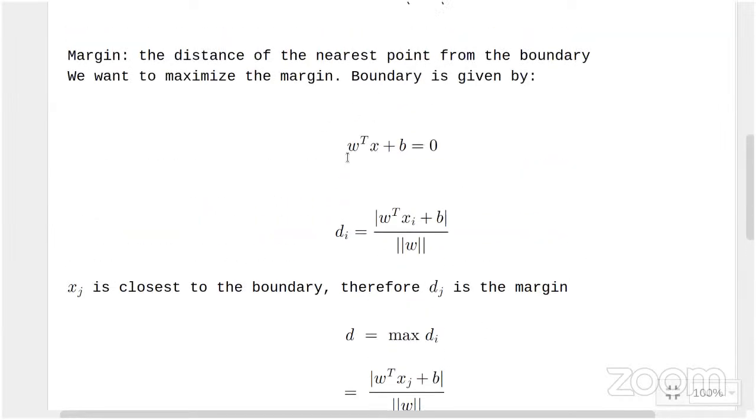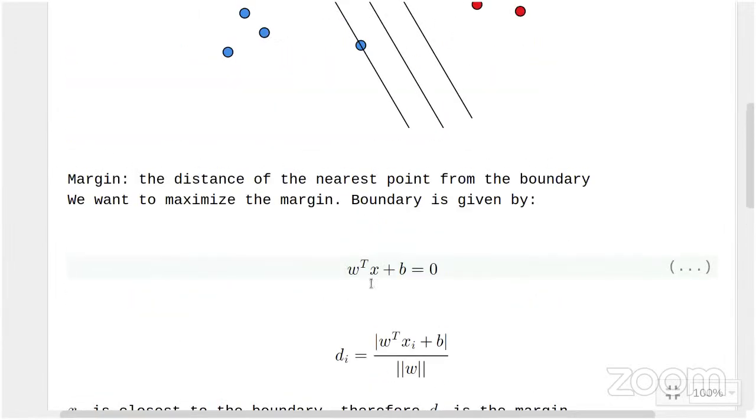Now if you recall, if W transpose X plus B equal to 0 is the boundary, then if I multiply both sides by some non-zero value k, nothing changes. The decision boundary remains the same.